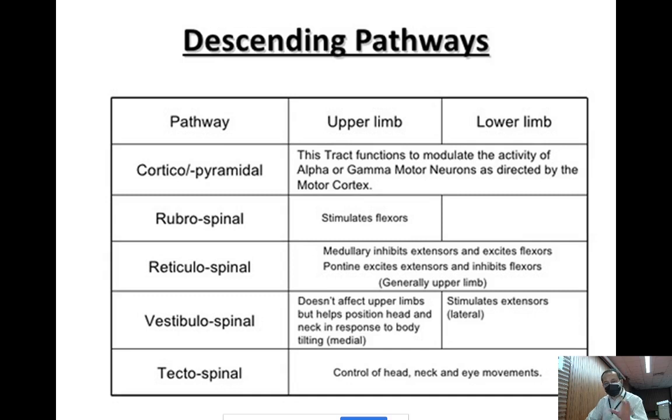You find that they perform the same functions, but they are mostly tracts that control the posture and equilibrium. That means forming a background, posture, so that movements can be executed.